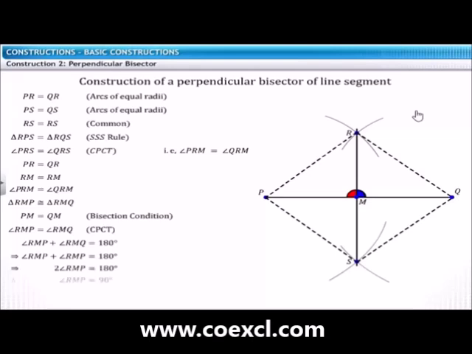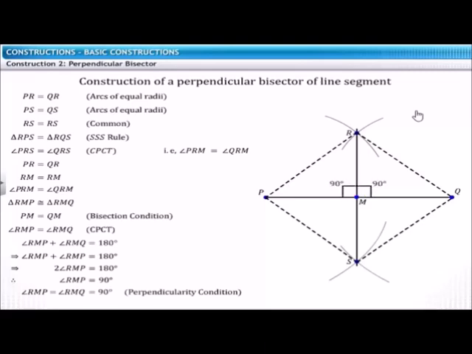Since angle RMP is equal to angle RMQ, we can replace angle RMQ in the equation. Since both angles are equal, their measures are 90 degrees. This proves the condition of perpendicularity. Therefore, it is proved that the line RS is a perpendicular bisector of the line segment PQ.